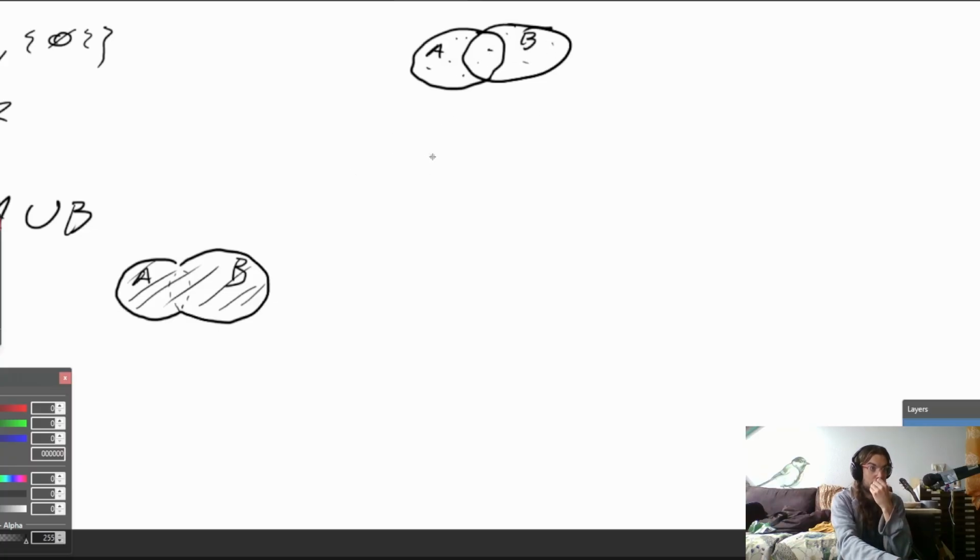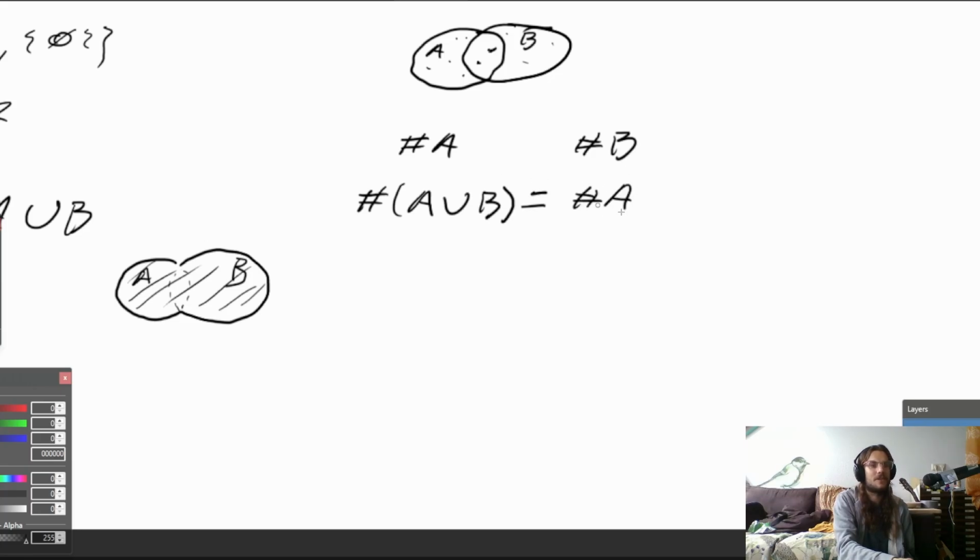Then we can count up the number of elements in A, and the number of elements in B, and the number of elements in A union B is not just the sum of the elements of A and the elements of B, but we also have to subtract the elements of the intersection of A and B. If you understand this, then you understand this union and this intersection and this hashtag. So it's a very useful thing to reflect on if you understand it.